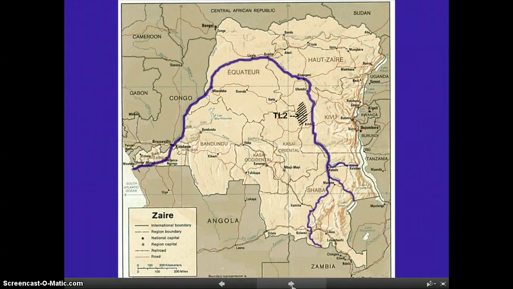One of the major features of the Democratic Republic of the Congo, which used to be known as Zaire, is the Congo River, which starts over here in the southeastern part of the country and flows north through DRC, west, and then southwest and out to the Atlantic Ocean.